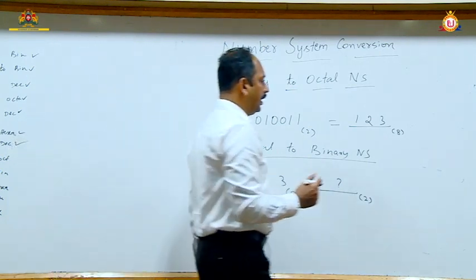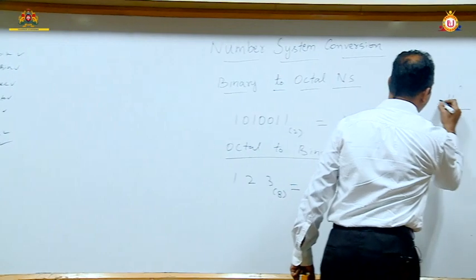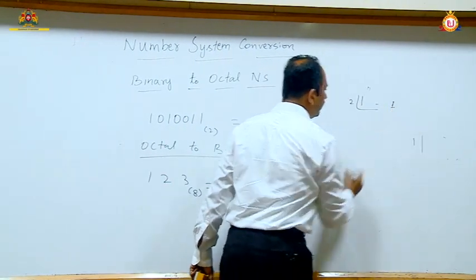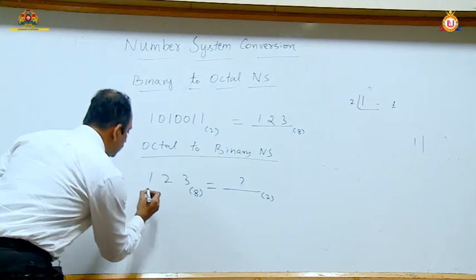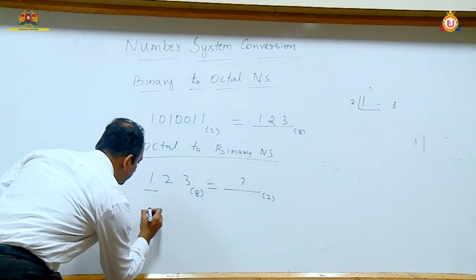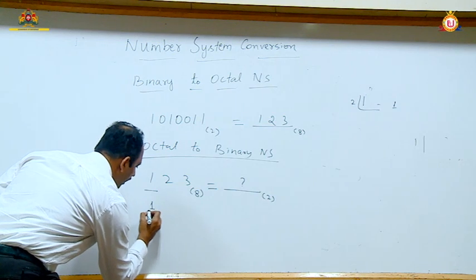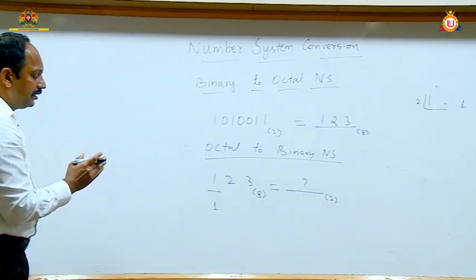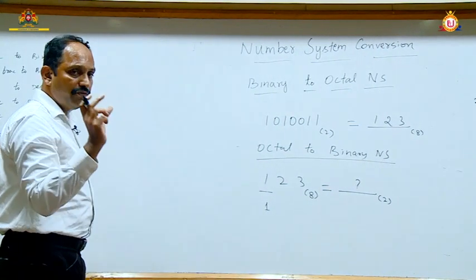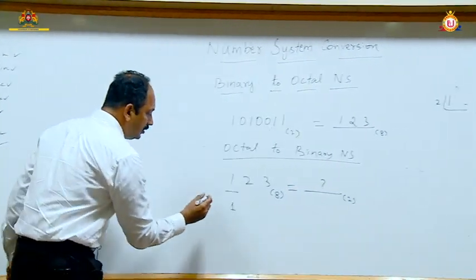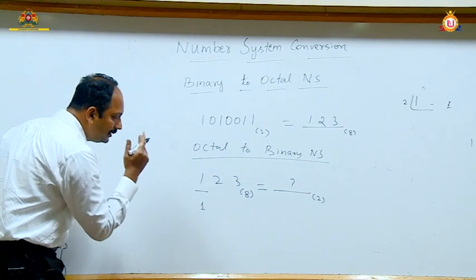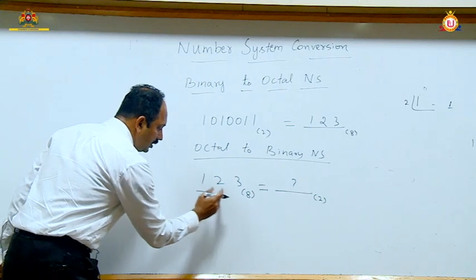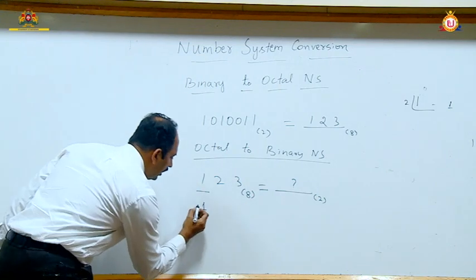Find its binary by dividing. So 1 is divided by 2. 1 cannot be divided by 2. The remainder is 1. So the result of this in terms of binary is 1. Whatever result we get should be a group of 3 binary digits. To make it 3 binary digits, the zeros should not be written to the right side, but to the left side.